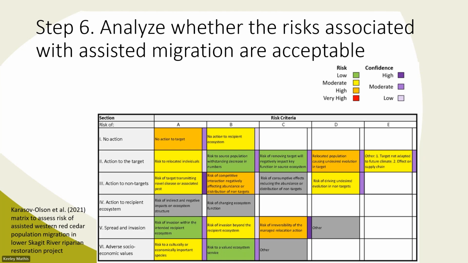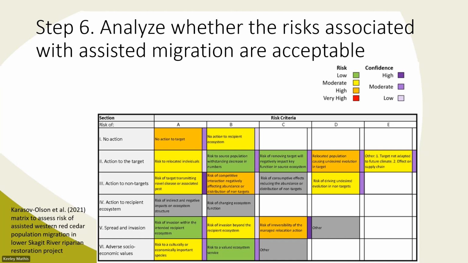When I did the specific scenario of moving Willamette Valley cedars into Northwest Washington, I had very few areas that were high risk. So there is a high risk, as we talked about, of no action at all.